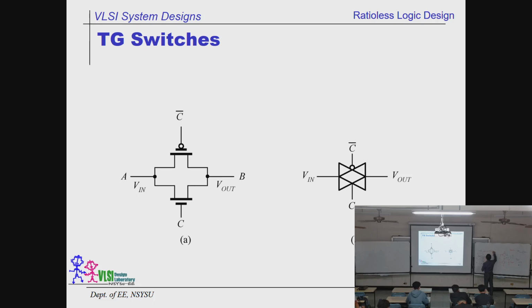The delay here will be proportional to the number of inverters. Some signals are fast, some signals are slow. When you want to do a calculation together, you need to delay those faster signals so that they can be synchronized with the slower ones.